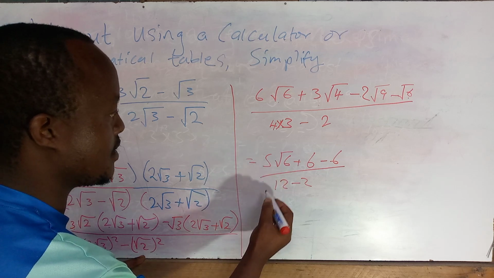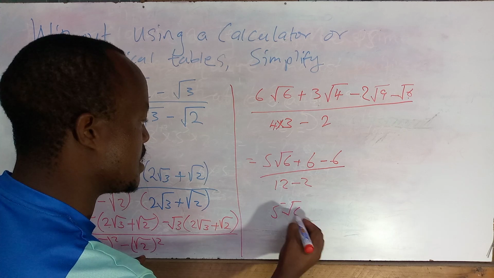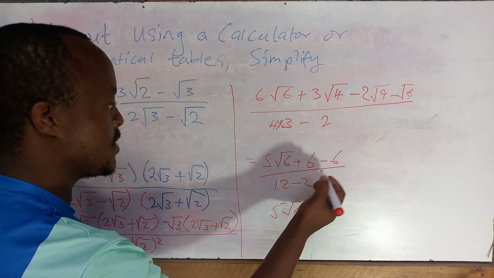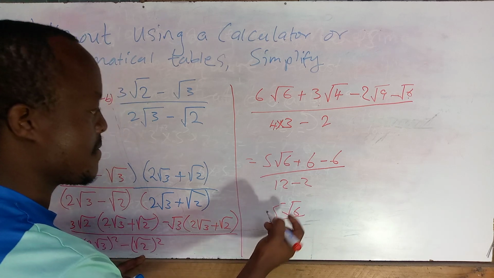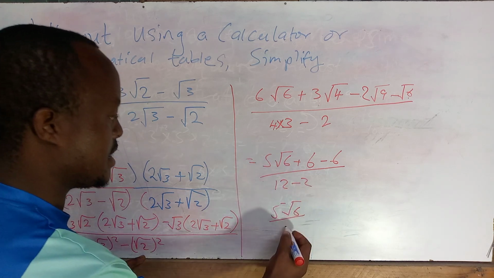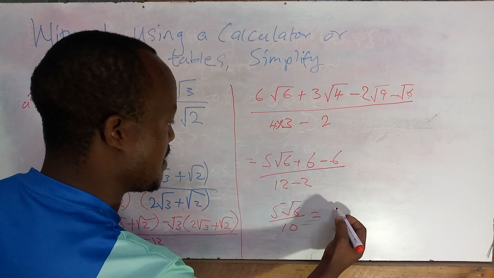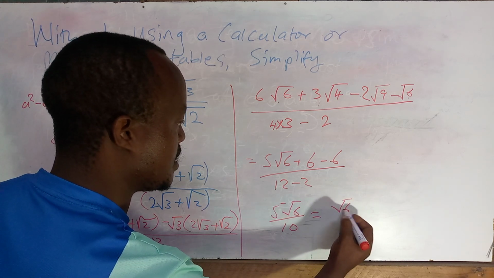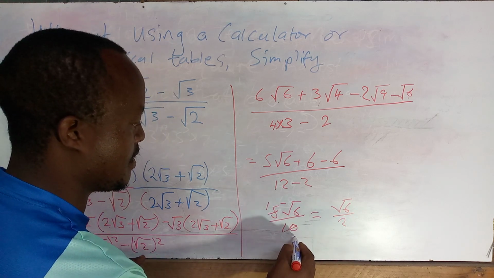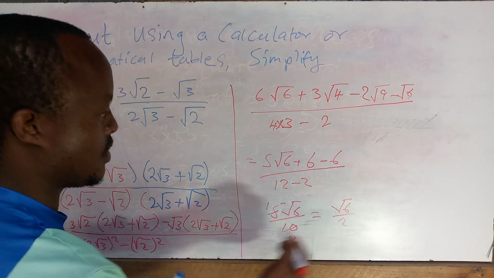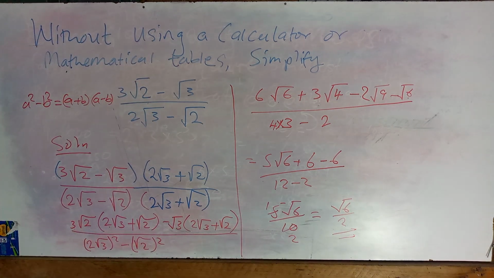We are getting now 5 root 6, and the 6 minus 6 is just 0, over 10. This is just giving us root 6 over 2. So that is what we are getting.